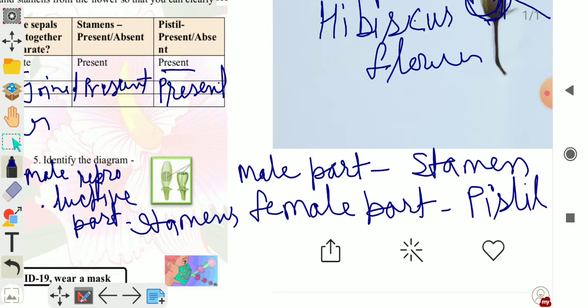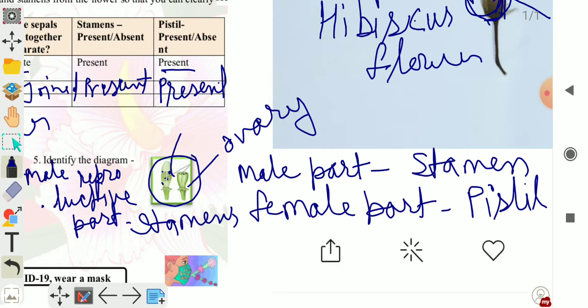Question number 5. Identify the diagram. You have to identify this diagram. This is the picture of ovary, or transverse section or inner part of the ovary. In this, these smaller particle-like structures are seen.